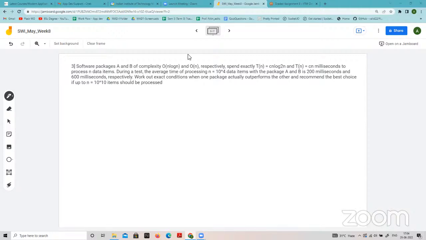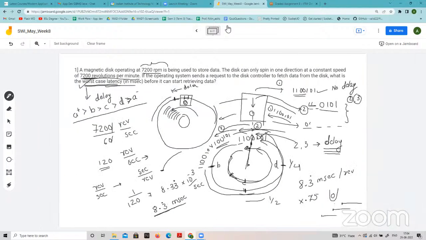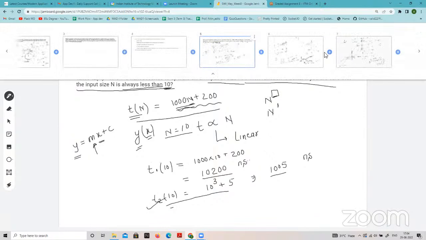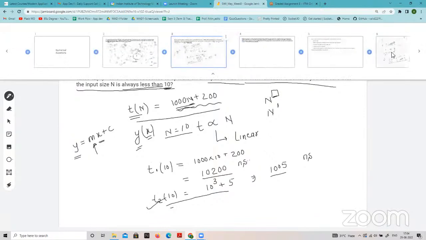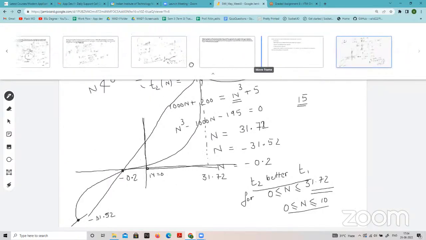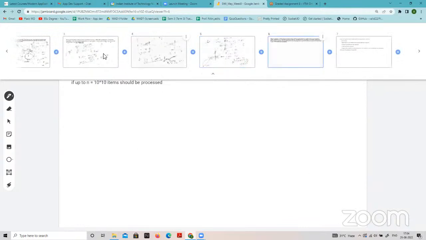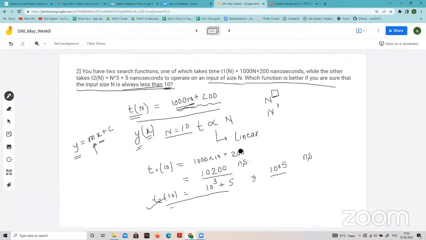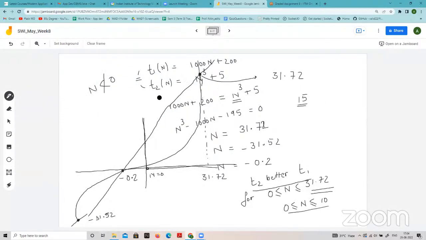Now, this is the actual question. Let me take those three questions back to where they were. So this is the question, this is page 1 of its solution, and this is page 2 of its solution. Now let's see. If I go back to the previous question and ask you to work out the condition for which T2 is better than T1, you cannot find out unless you know what you have done here.